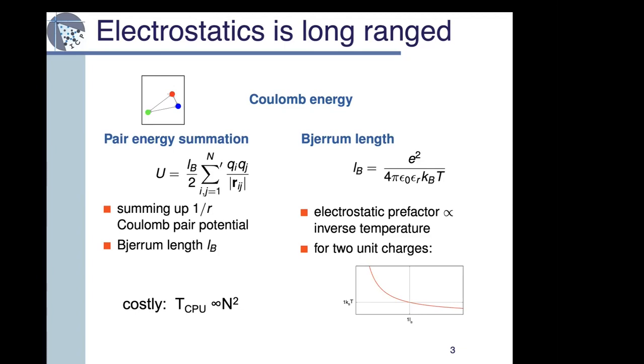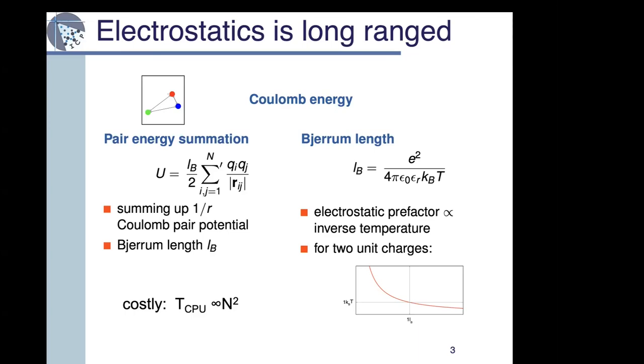So the general idea is, if it's long range, you make a pair energy summation of the interactions, as shown here in this formula. A popular length scale in electrostatics is the so-called Bjerrum length, which is the length scale at which two charges have an interaction energy of kBT.